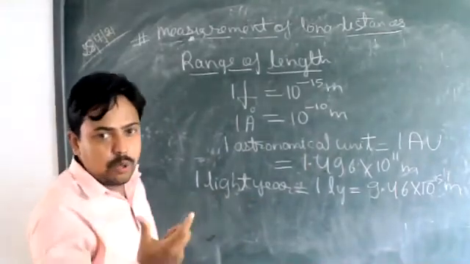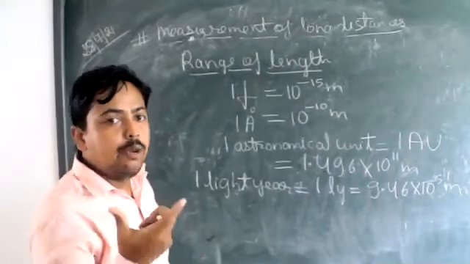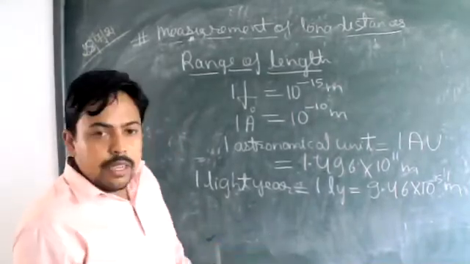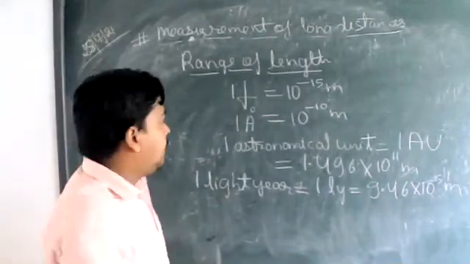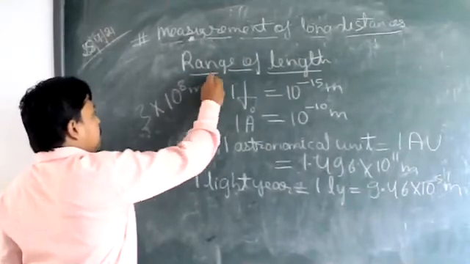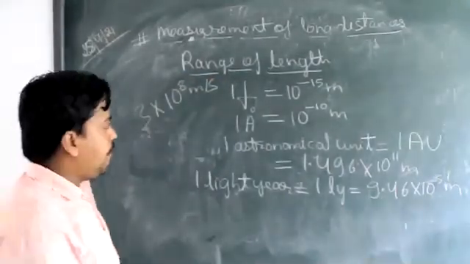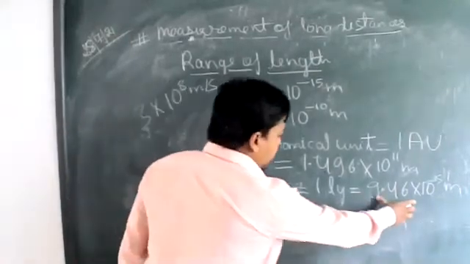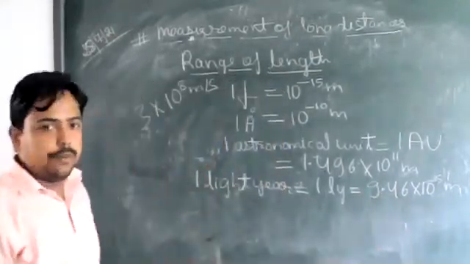If someone asks you to define 1 light year, you can say this is the distance traveled by light in 1 year with the speed of light 3 into 10 to the power of 8 meter per second. With this speed, light covers a distance equal to 9.46 into 10 to the power 15.